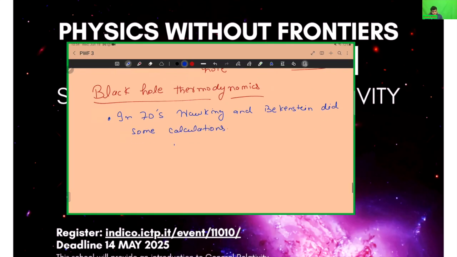So in their calculation, gravity was classical, which means that gravity was described by general relativity. They had quantum fields in their calculation.